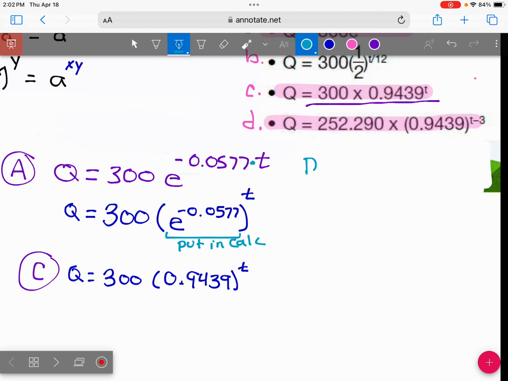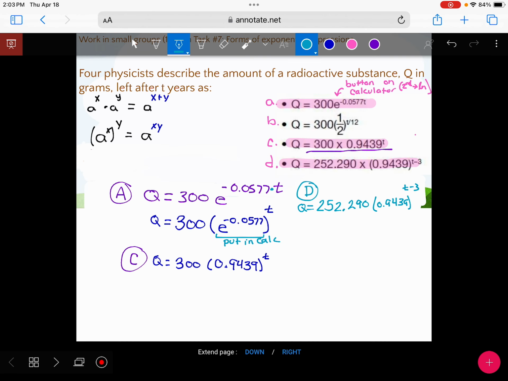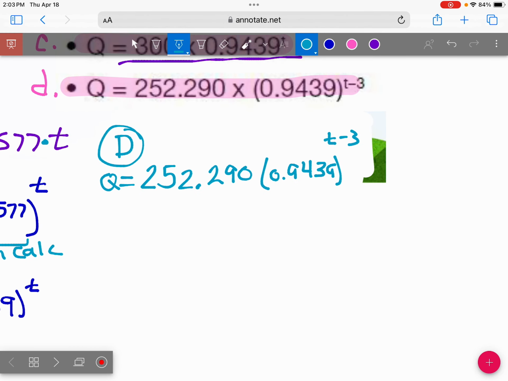I'll do D. And I'm going to take all this gross decimaliness, 252.290 times 0.9439 to the t minus 3. So that's our original equation. And what I'm going to do, so I can give myself more space, is split these apart.